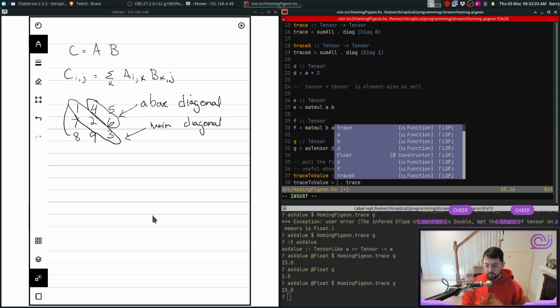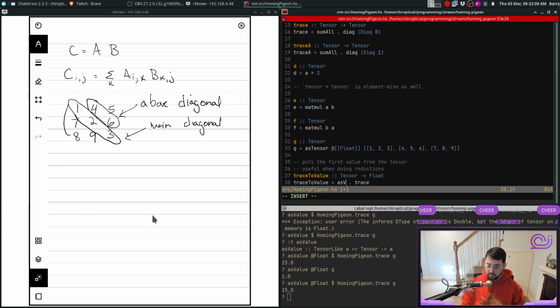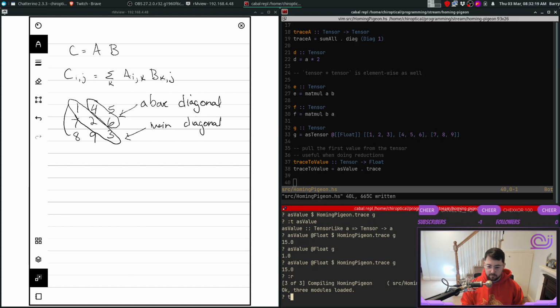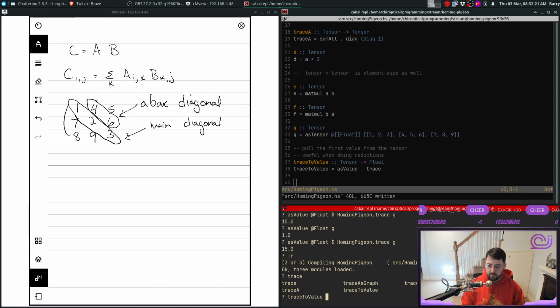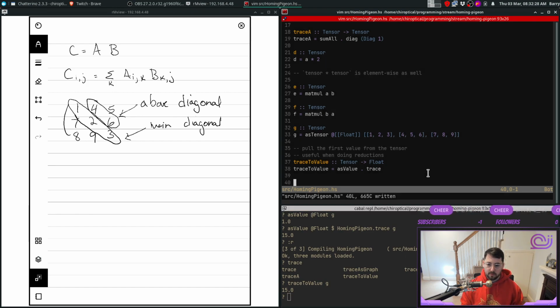We already have it, it's really just as value. Cool. And then we could just use this. So trace to value G is 15. Nice. All right. Now we can keep writing.